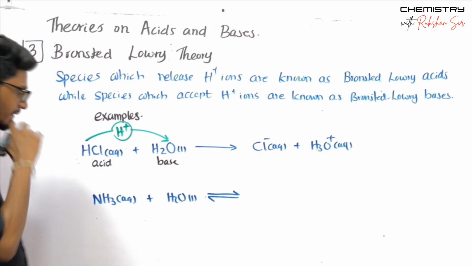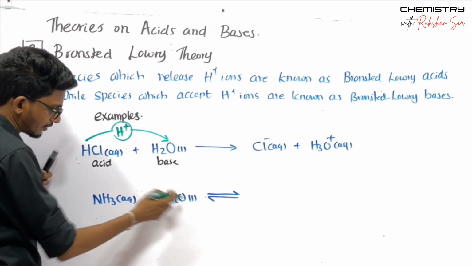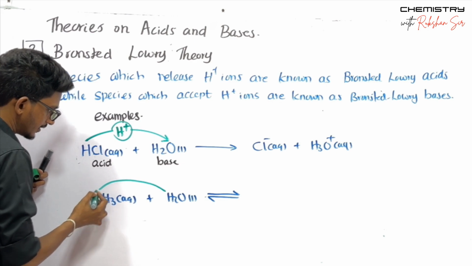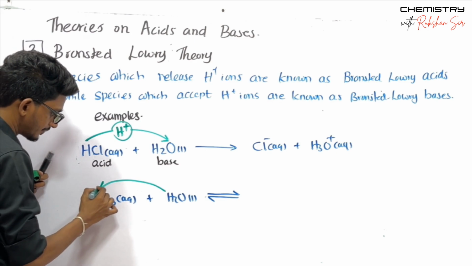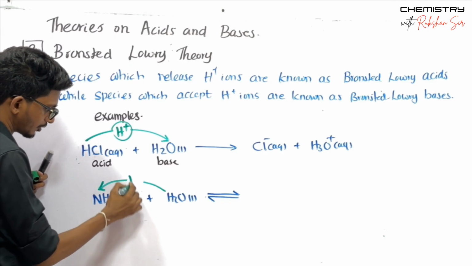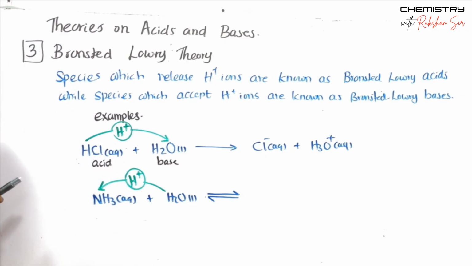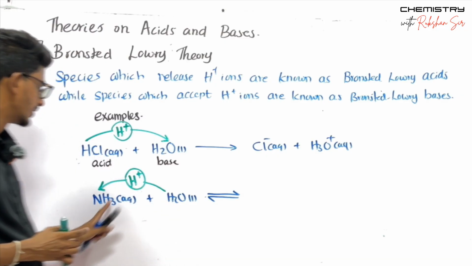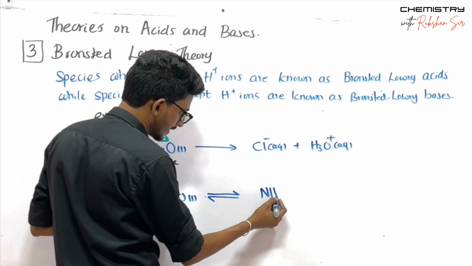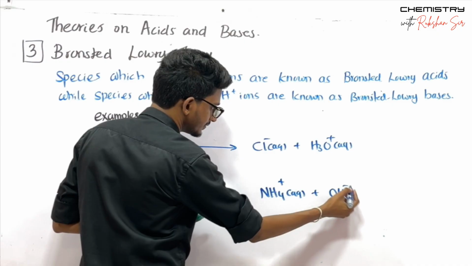One of the hydrogens from water will be released as an H plus ion towards NH3. This is just the movement of H plus ions, not the movement of electrons like in organic chemistry. One H plus from water comes to NH3 to produce the NH4 plus ion and the OH minus ion.